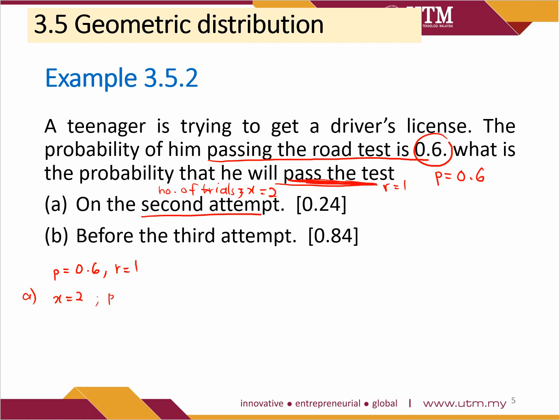Now we need to find P(X = 2), which is (2 minus 1) C (1 minus 1), where this one will be 1. And then 0.6 to the power of 1 times 0.4 to the power of 2 minus 1, and you get 0.24.